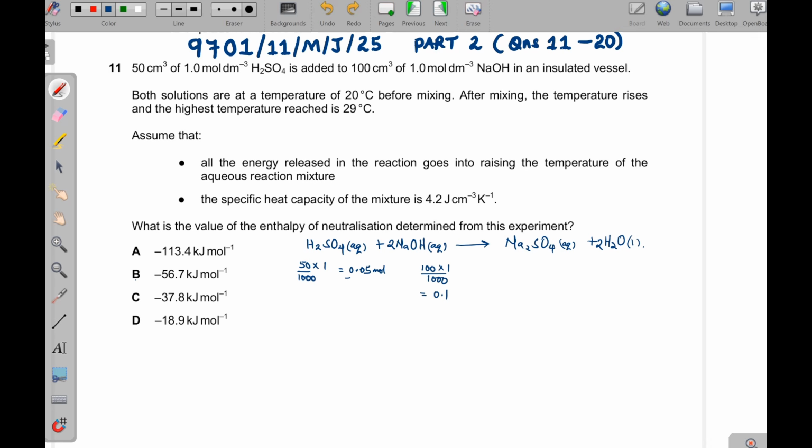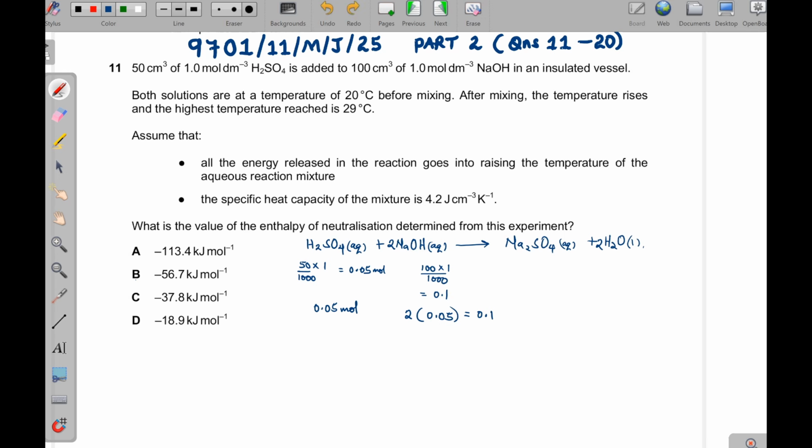So if we are taking 0.05 moles, then 2 times 0.05 gives us 0.1, which is exactly what we have here. So they all react completely.